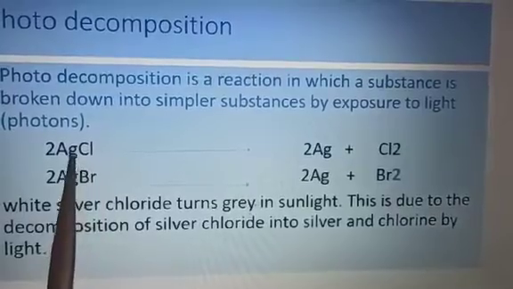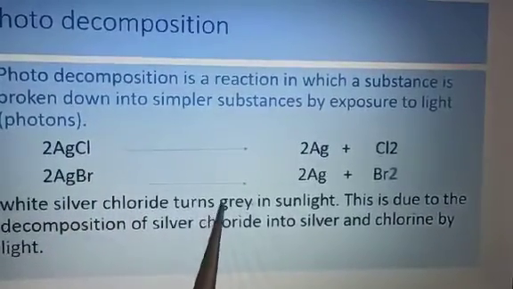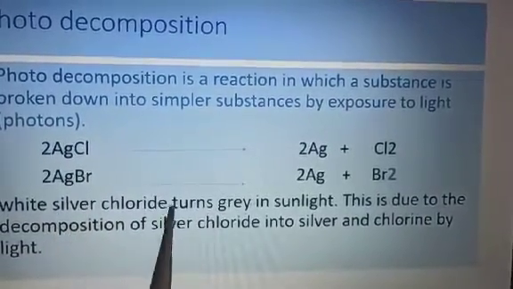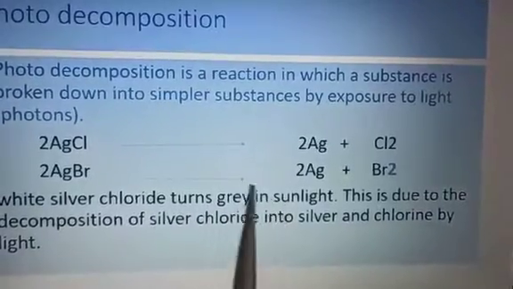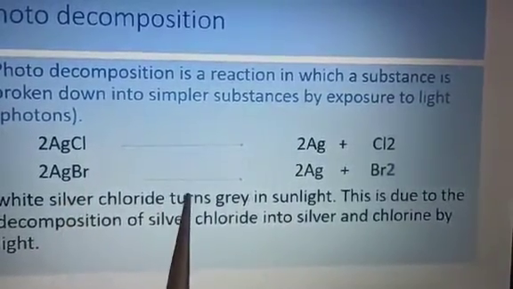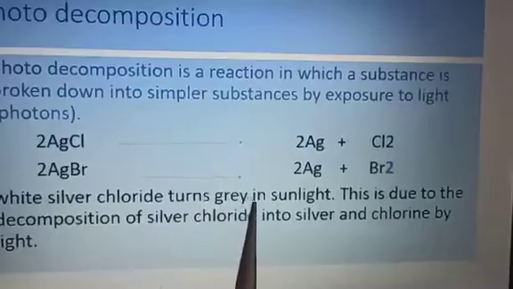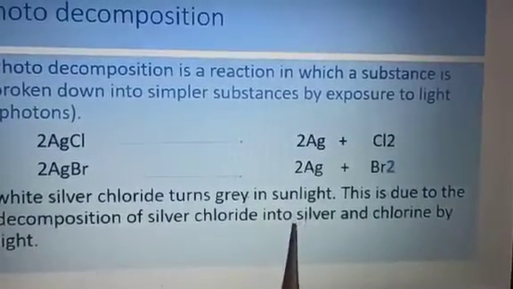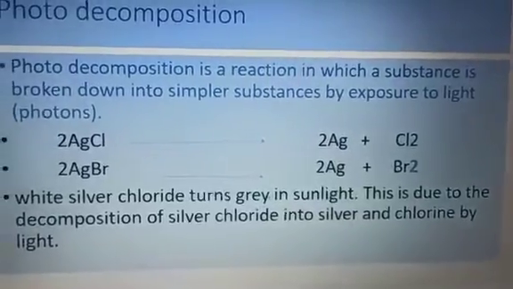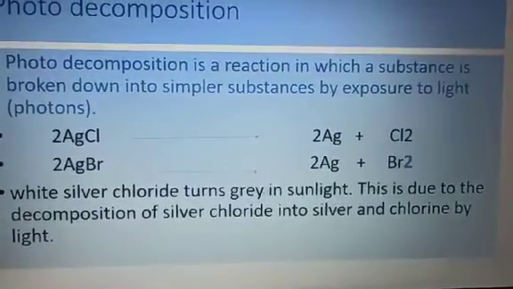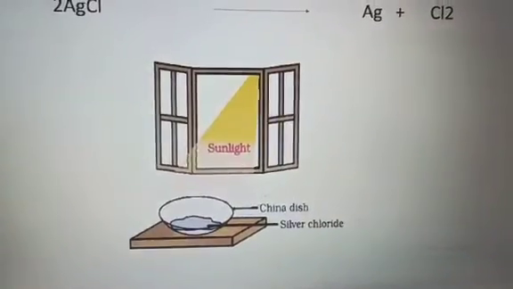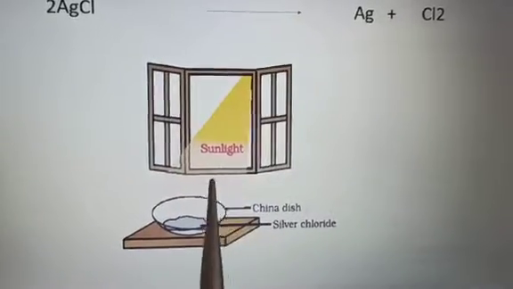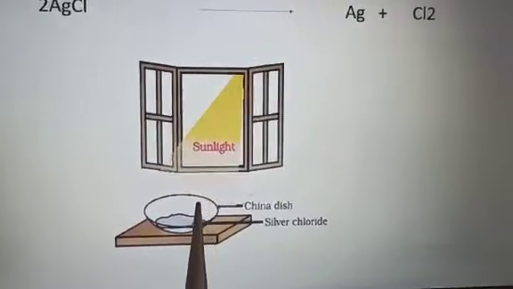What happens when silver chloride is kept outside in sunlight? It turns grey in sunlight. Silver chloride is white in color, but it turns grey in sunlight. This is due to the decomposition of silver chloride into silver and chlorine by light. In this activity you can see and understand how the reaction goes on.